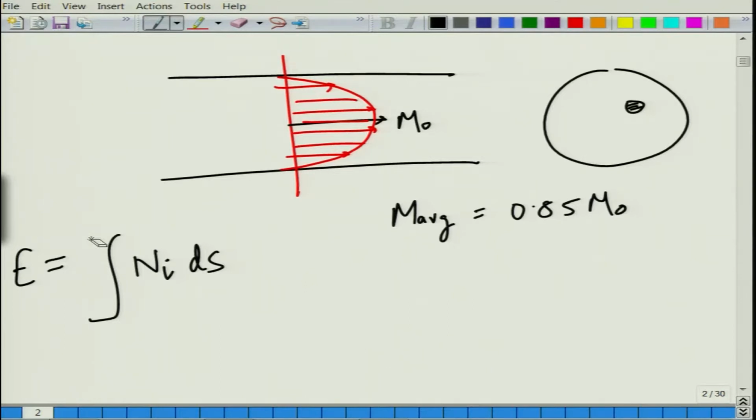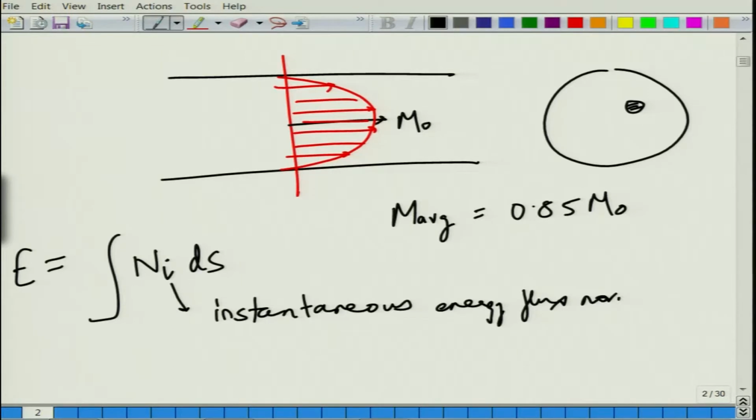Now, Ni is nothing but the instantaneous energy flux that is normal to the surface element.